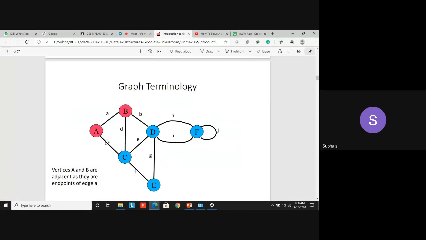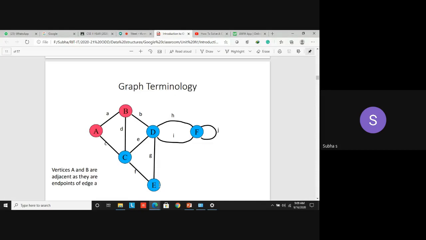A and E are not directly connected. A is connected to C, and from C only E is connected through edge F. So they are not adjacent. Now you can say D and F are adjacent. Similarly, C and D are adjacent. Adjacent means if that edge has those two endpoints, then it is called adjacent. B and D are adjacent. D and E are adjacent.